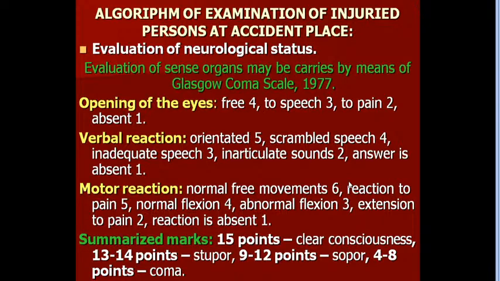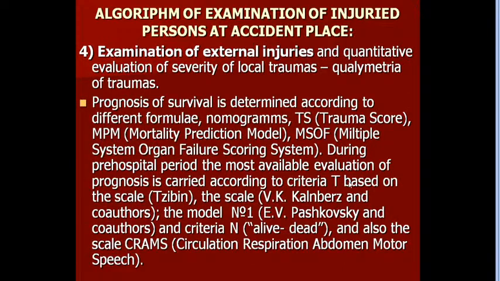Motor reactions: obeys commands 6, localizes pain 5, normal flexion 4, abnormal flexion 3, extension to pain 2, absent 1. Summed: 15 points clear consciousness, 13-14 points stupor, 9-12 points sopor, 4-8 points coma.